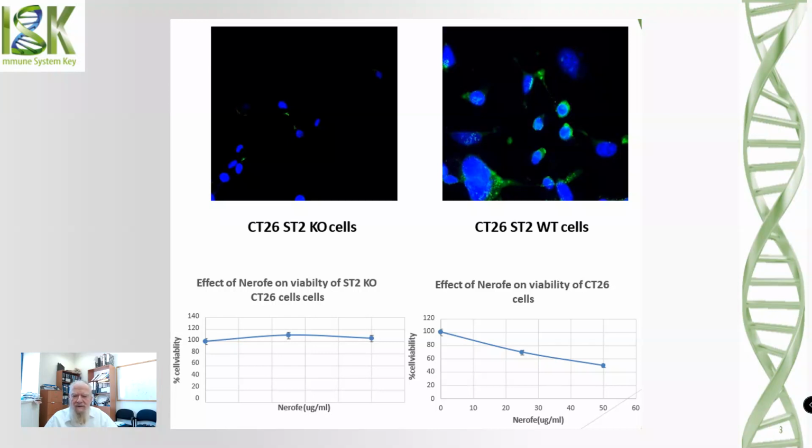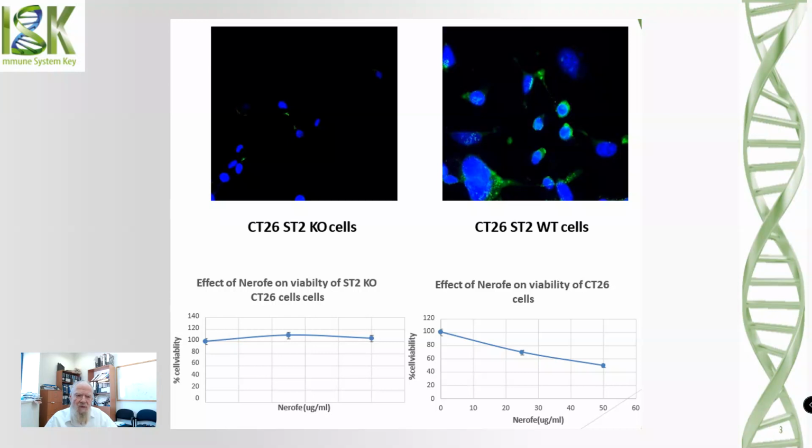The splice form that we are interested in is the one that resides in the Golgi apparatus. In this slide, we can see wild-type cells that overexpress ST2 in the Golgi apparatus in CT26 cells, which are murine metastatic colorectal cancer cells.